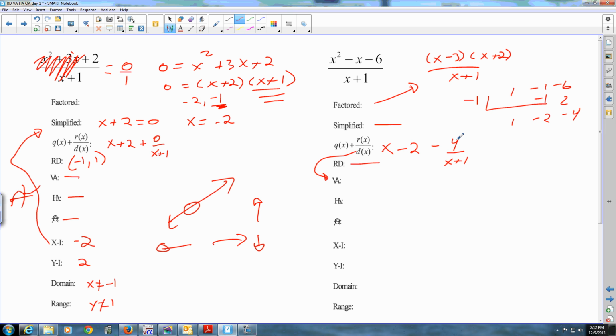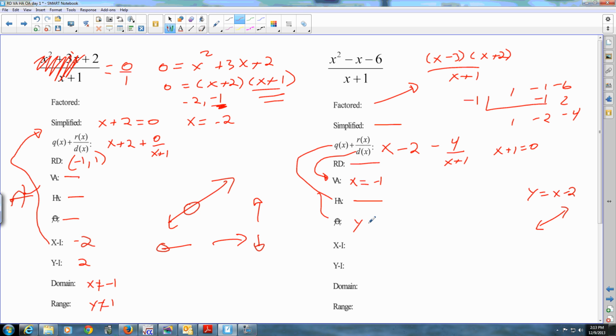Here, your remainder is non-zero, so you set your denominator equal to 0, and that gives you the equation for your vertical asymptote. You look at q of x. Q of x is either going to give you your horizontal asymptote or it's going to give you your oblique asymptote. If you were to graph y is equal to x minus 2, you're going to get an oblique line, not a horizontal line.